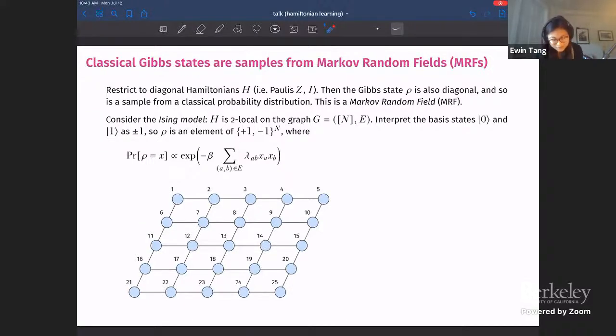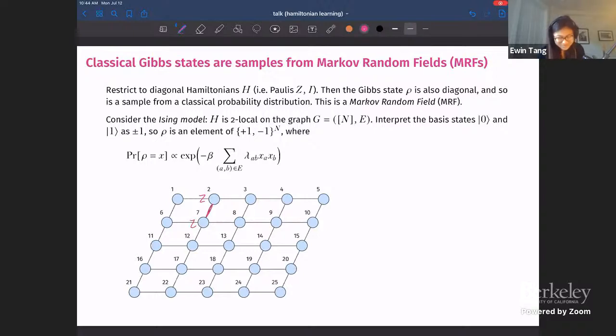And this probability distribution, if we're looking at a Gibbs state, is called a Markov random field. It's just the definition of such a thing. For ease of exposition, I'm just going to consider the Ising model. So here we have some graph, or I guess a lattice here in 2 dimensions, and we just take terms to be, so one of these edges represents a term that's just Z on the adjacent qubits.